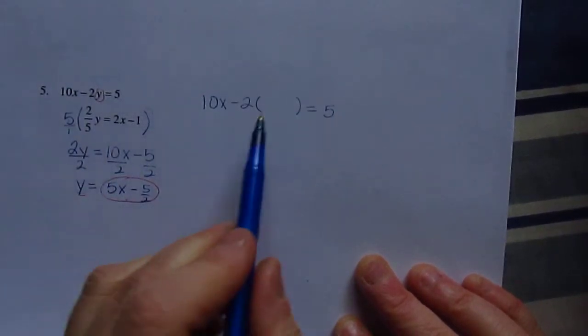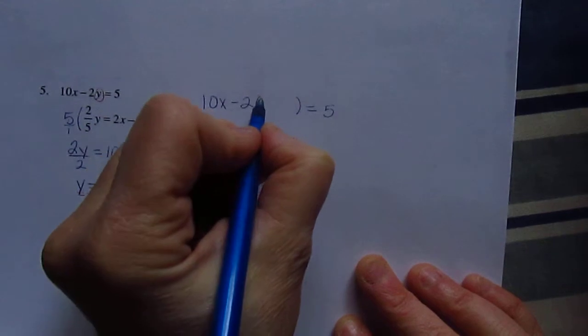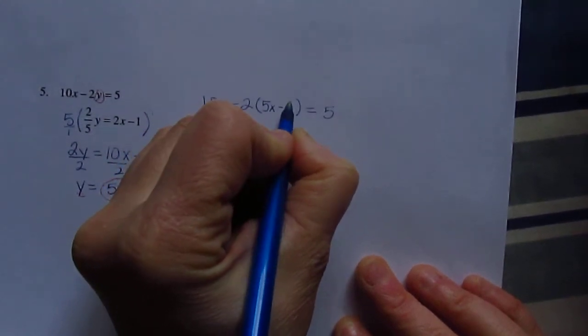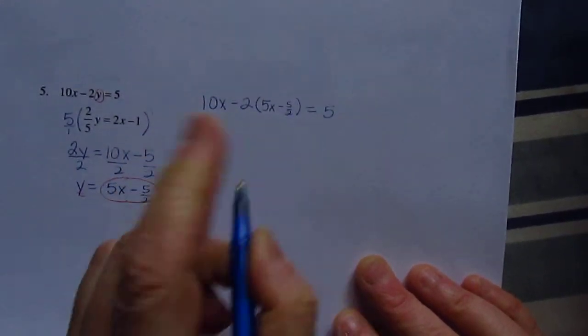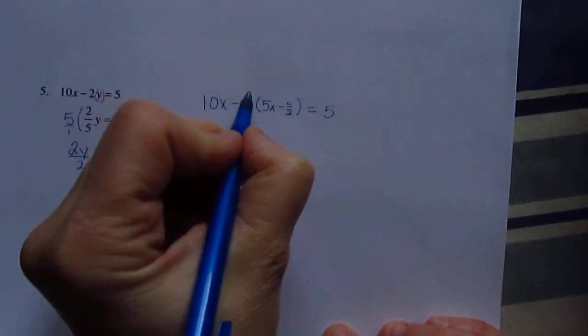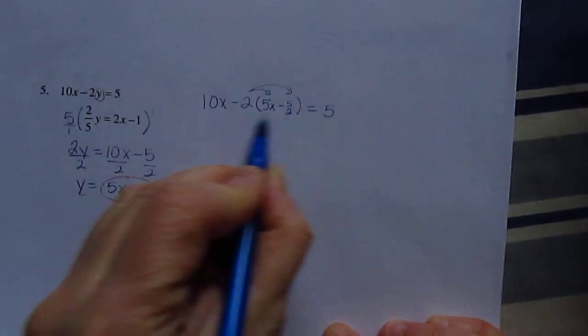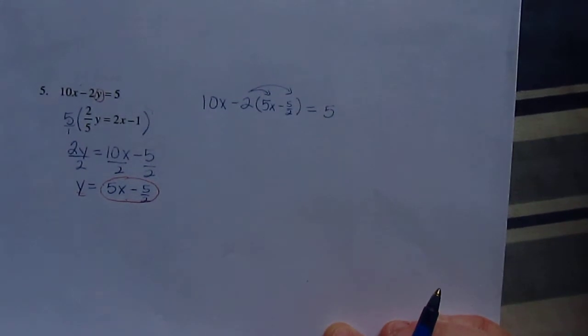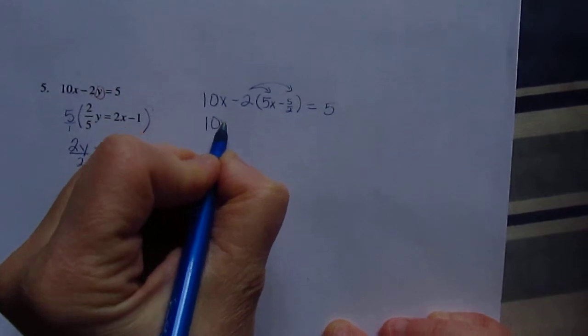Instead of y, I'm going to use 5x minus 5 halves. It's an improper fraction, but I'm going to leave it that way. Let's see what we get. Now, one equation with just x. I can solve for x with one equation.